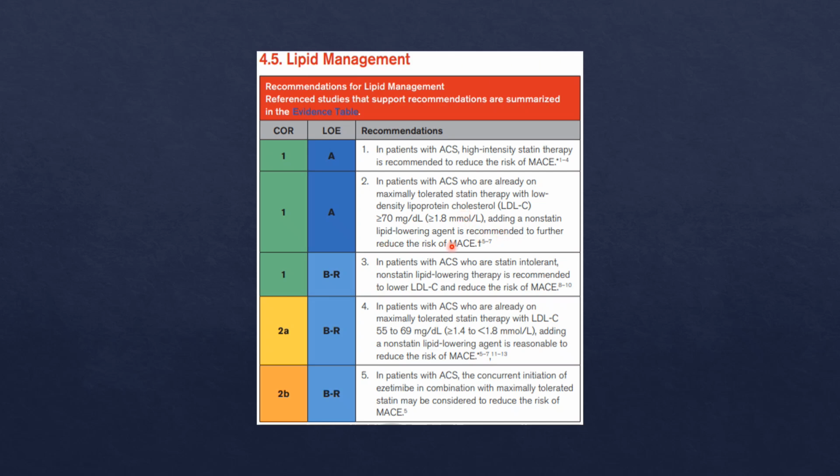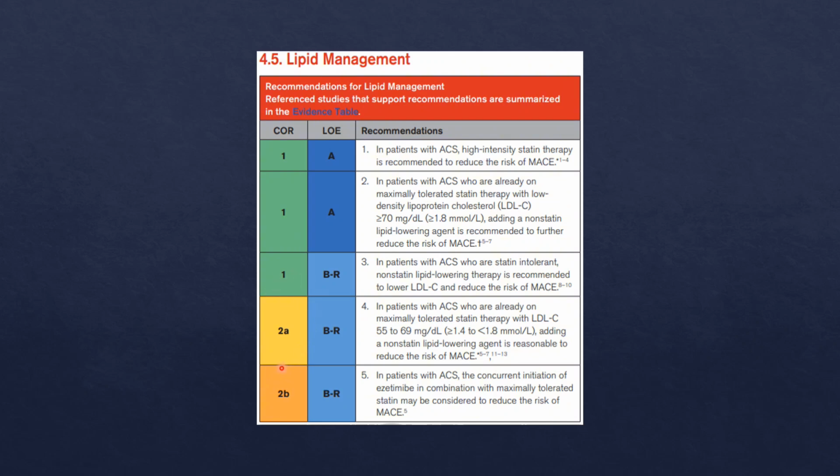The target is 70, and it is also recommended to achieve a target between 55 to 69 milligrams per deciliter by adding a non-statin lipid lowering therapy, and it has a class 2A recommendation. In patients with ACS, the concurrent initiation of ezetimibe in combination with maximally tolerated statin may be considered to reduce the risk of MACE.